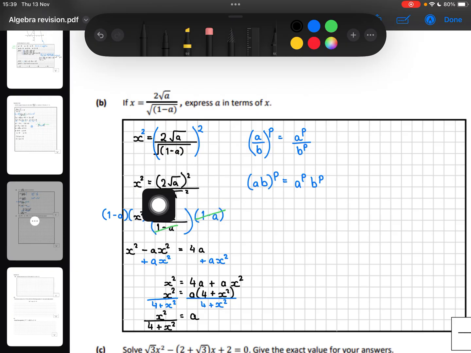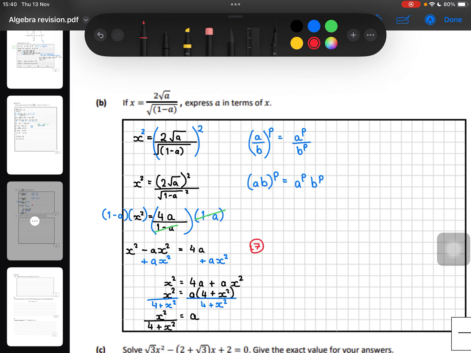If you get all of them squared out correctly, and you correctly eliminate the denominator, so you multiply across by 1 minus a, so that you get this equation here in black, you have gotten 70% of the marks. You've gotten 7 out of 10 marks there.